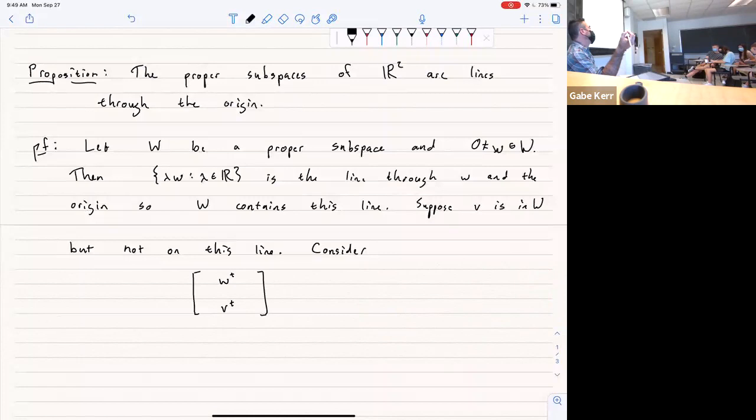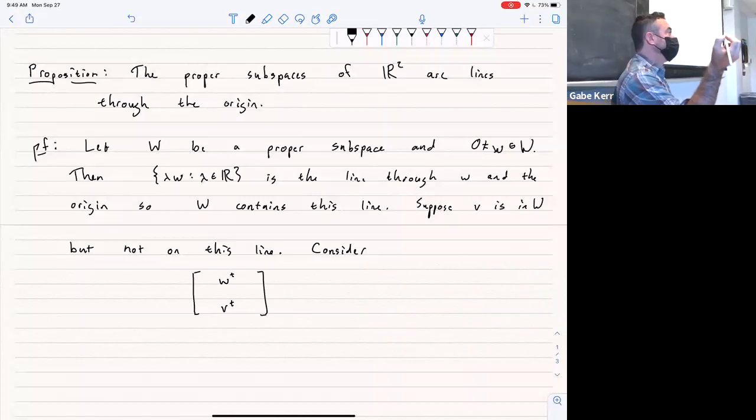Now what does that mean about this matrix? The solution? It means that in row operations, you can get any invertible matrix from it. Okay, you said the word.